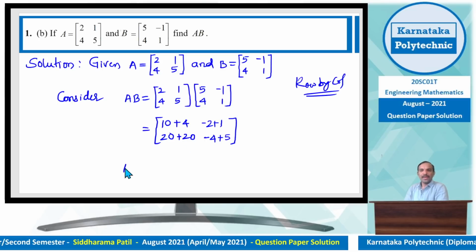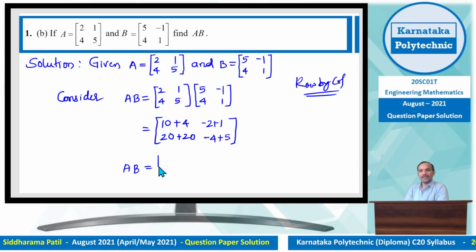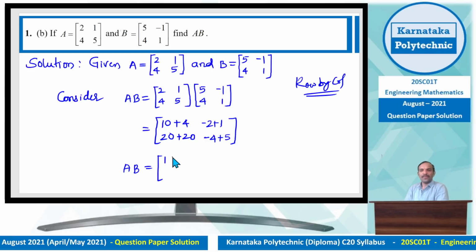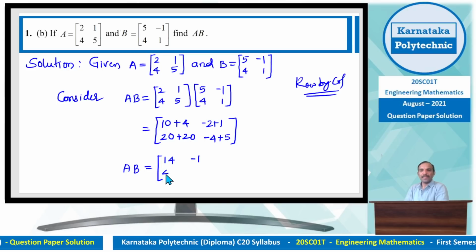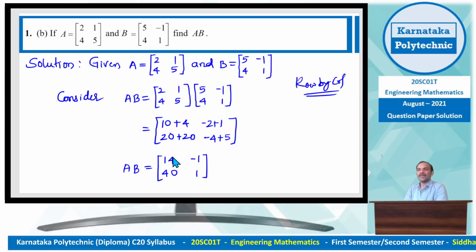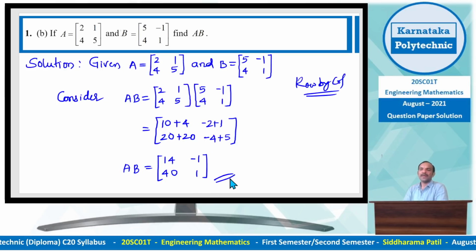Now AB equals 10 plus 4 is 14, minus 2 plus 1 is minus 1, 20 plus 20 is 40, minus 4 plus 5 is 1. So AB is the matrix 14 minus 1, 40 1. This is the required answer.